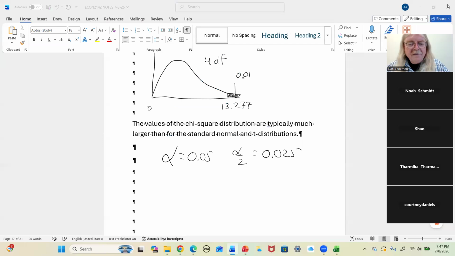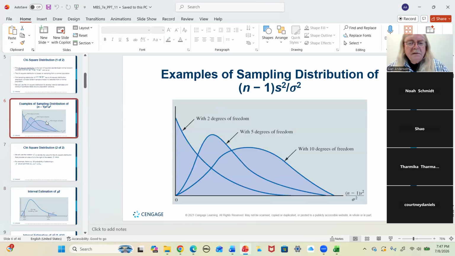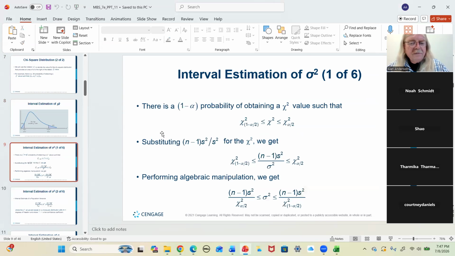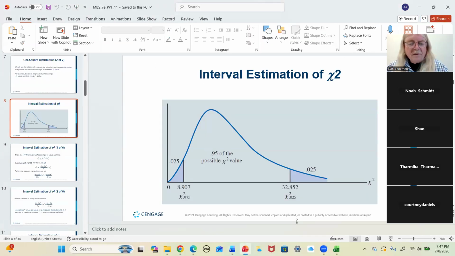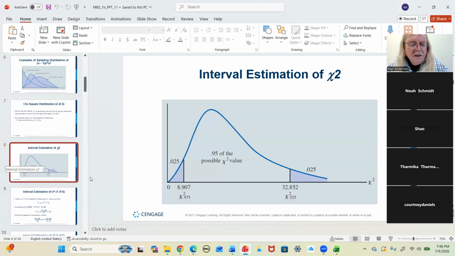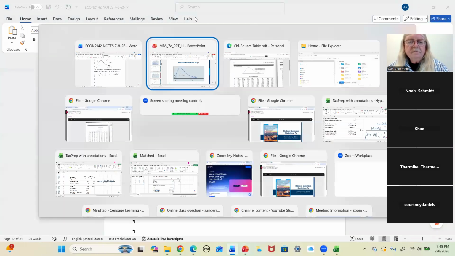And let's say that we have, it doesn't say the degrees of freedom. Let me just see if they mean for us to keep it at 4. No, that wasn't. Let's look at the table.